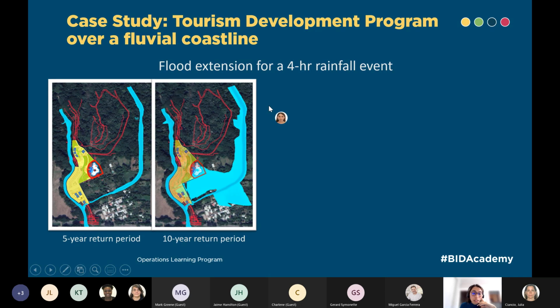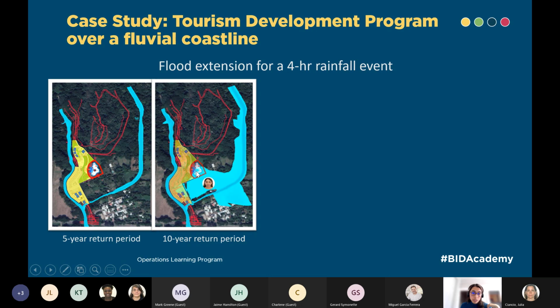As we increase the return period, here's the 10-year return period, we can start seeing how at these events of extreme rainfall, the river doesn't have enough capacity to contain all the flow, and water can start impacting the project.